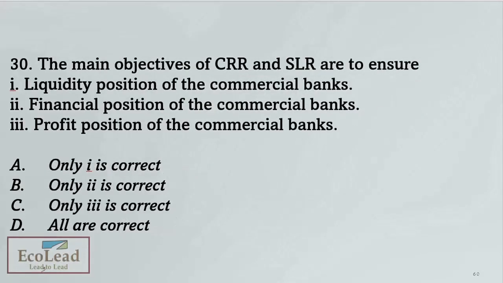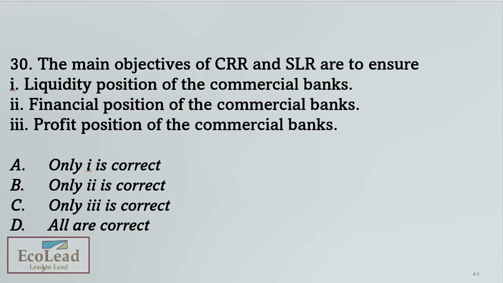Question 30. The main objective of CRR and SLR is to ensure, and here we have given three statements. Number one, liquidity position of the commercial bank, number two, financial position of the commercial bank, number three, profit position of the commercial bank. See, the liquidity position of the commercial bank is what the central bank controls through the CRR or SLR.